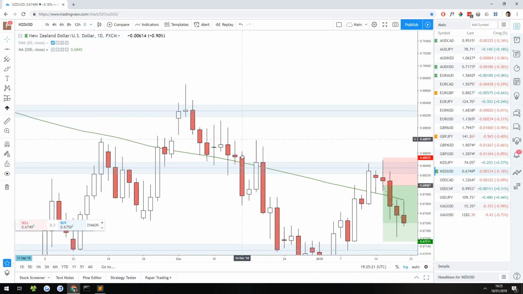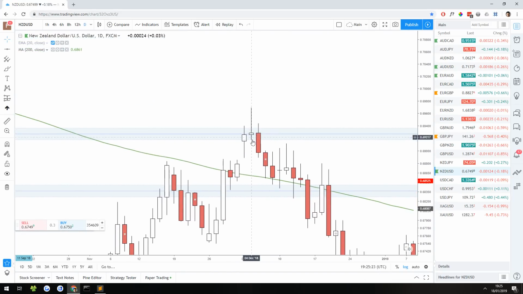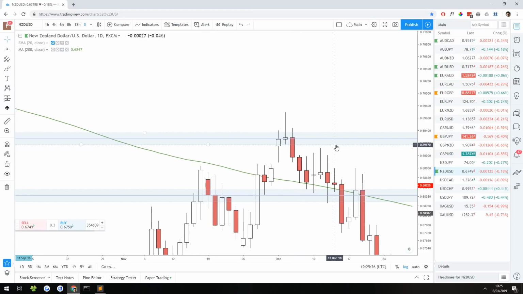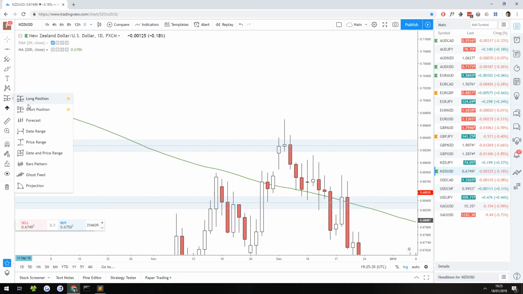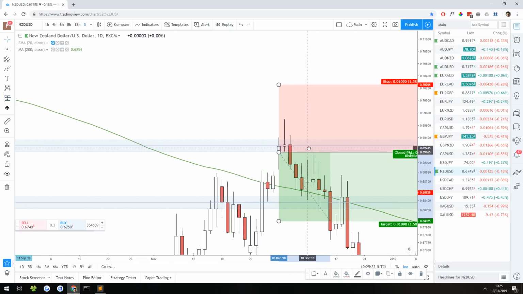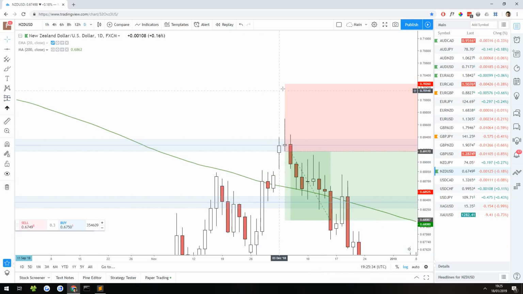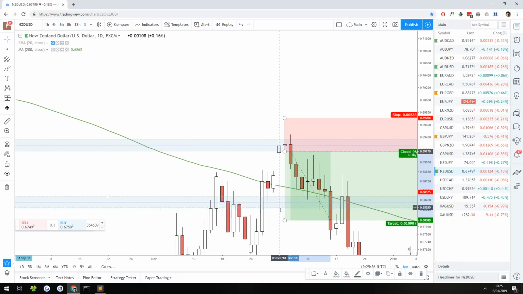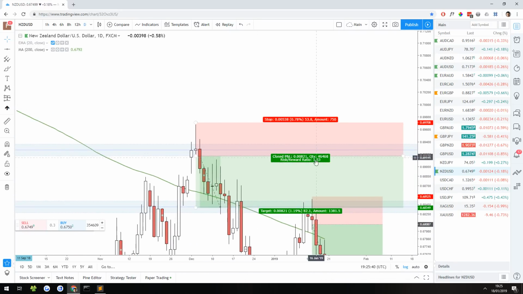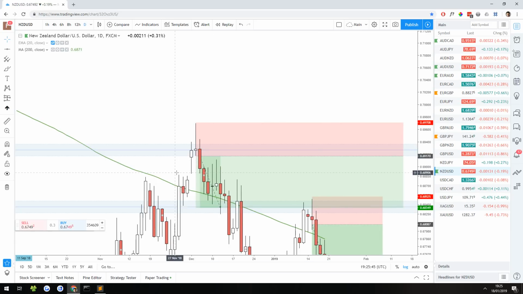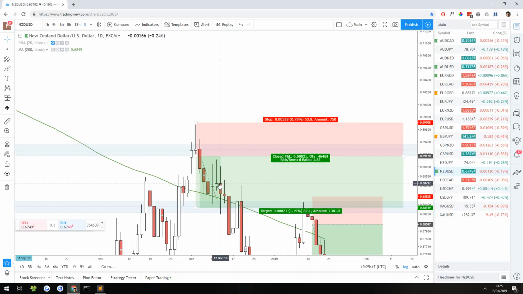So maybe with this example here, I'm not sure about this because this isn't one of my prepared examples, but our minimum risk to reward ratio is 1.5. I prefer trades with 2, but 1.5 is acceptable.